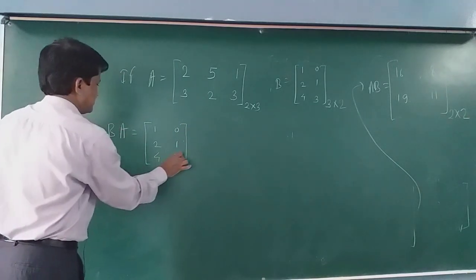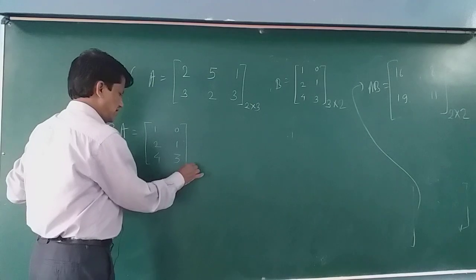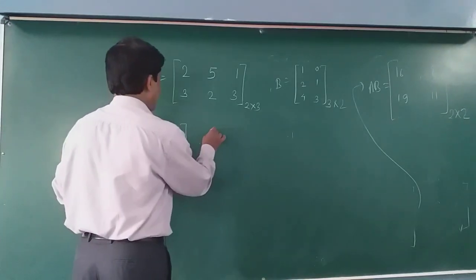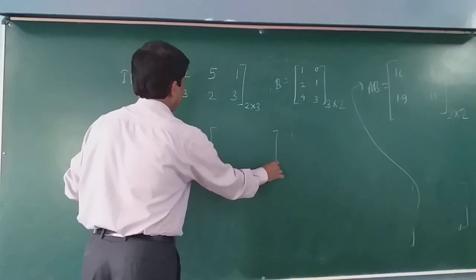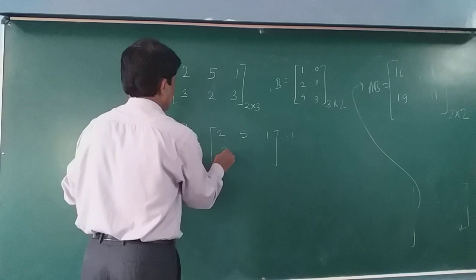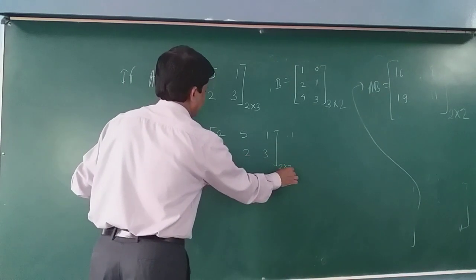This is a matrix B having order 3 by 2, 3 rows and 2 columns. And matrix A here is 2 5 1 3 2 3, and order 2 by 3.